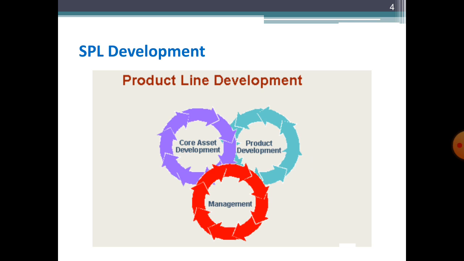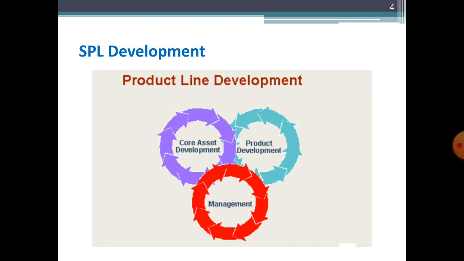Core asset development is the creation and maintenance of the artifacts or core assets in the product line. These core assets are used to create systems that match the quality criteria of the product line. For example, if the types of products developed in the product line have a high maintainability requirement, then the core asset should reflect this requirement and account for the need for good maintainability.